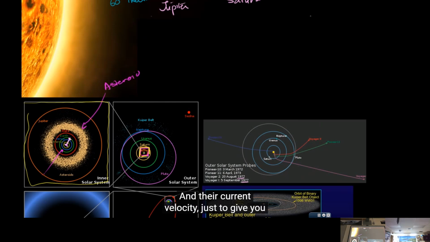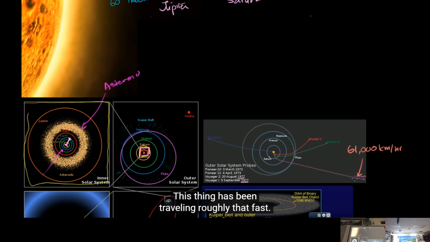And their current velocity, just to give you a sense of how fast: Voyager 1 right here is right now traveling at 61,000 kilometers per hour. That's about 17 kilometers per second. The size of a city every second. That's, at least in my mind, an unfathomably fast velocity.